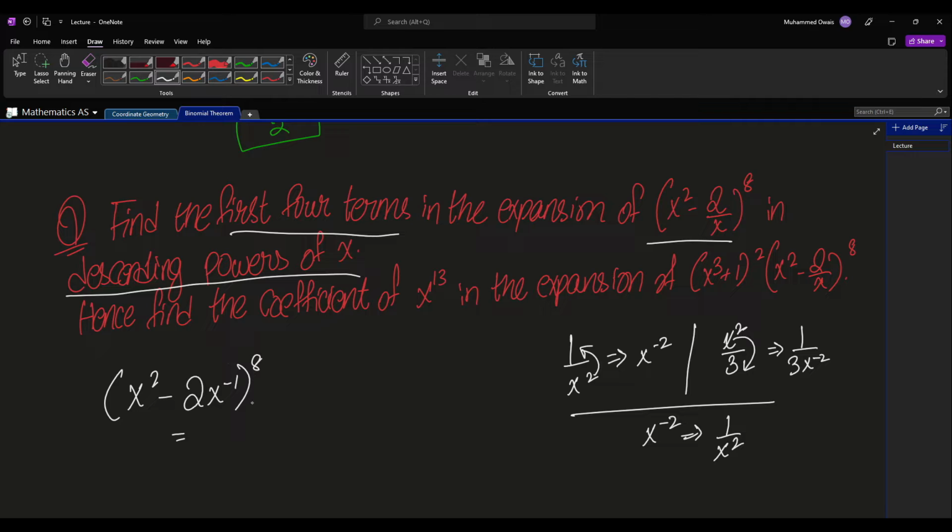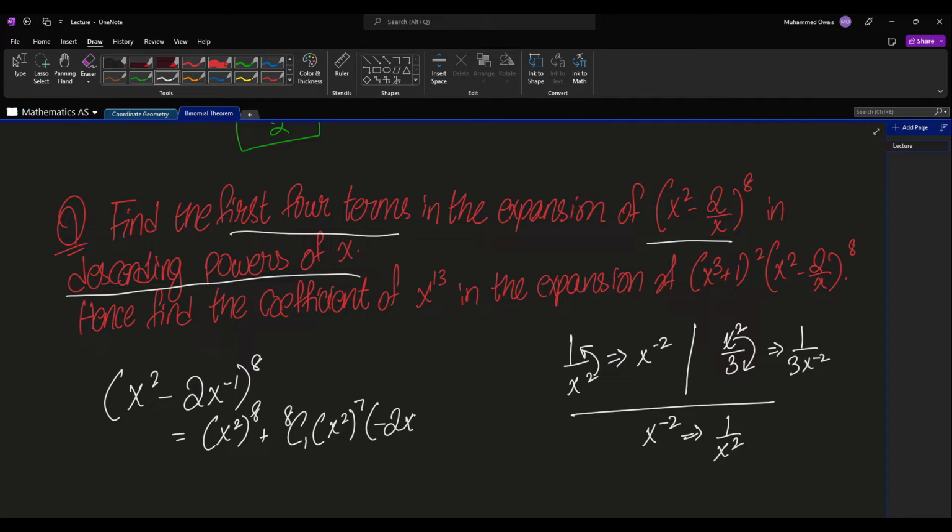Now it is once again asking us for the first four terms. So 8C0, 8C1, 8C2, and 8C3. A is x squared, so first it has a power of 8, plus 8C1, A which is x squared to the power 8 minus 1 is 7. I'm just going to write 7 directly this time.